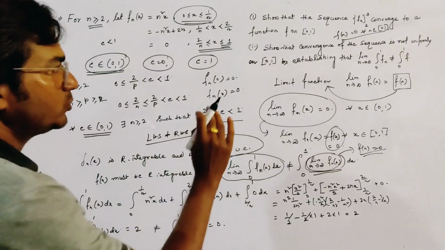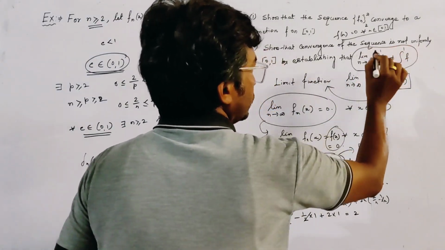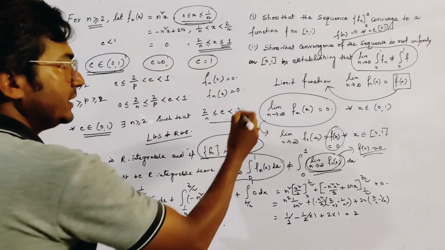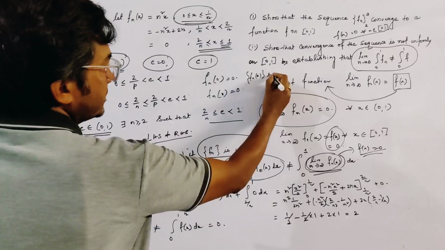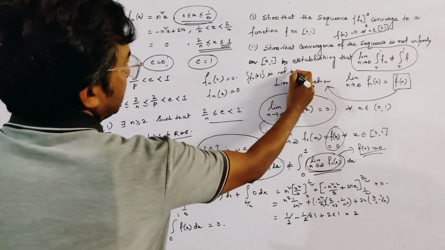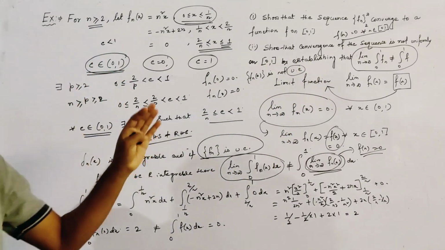Okay, and we say that since this is the proof we already have, fn(x) is not uniformly convergent. This is the proof of this problem.